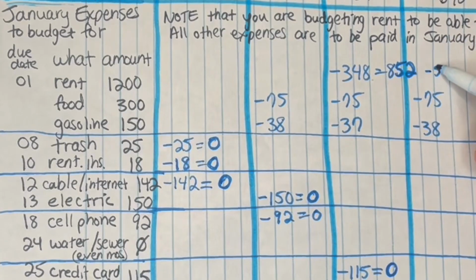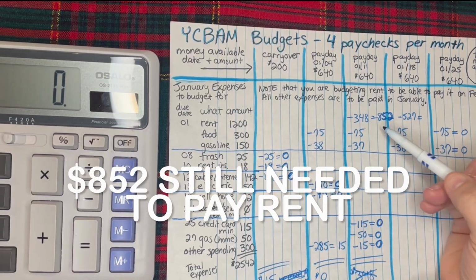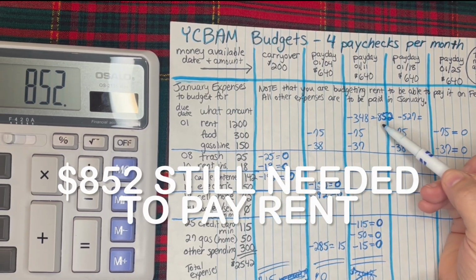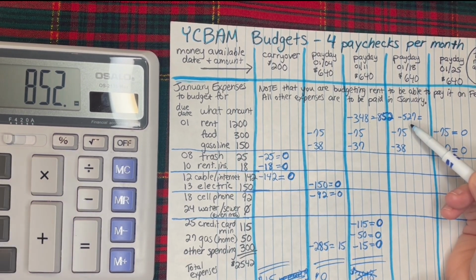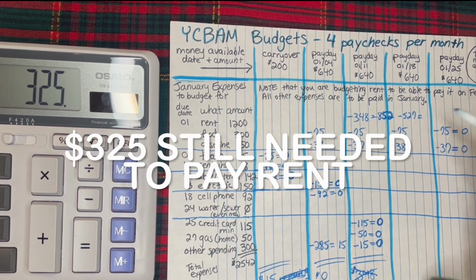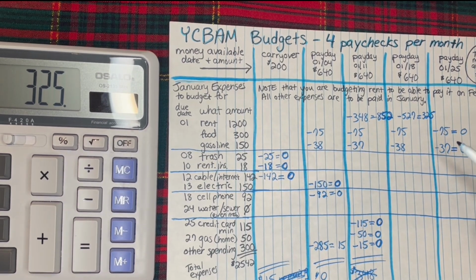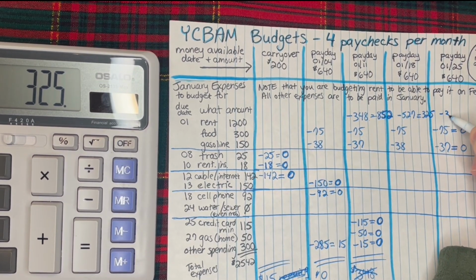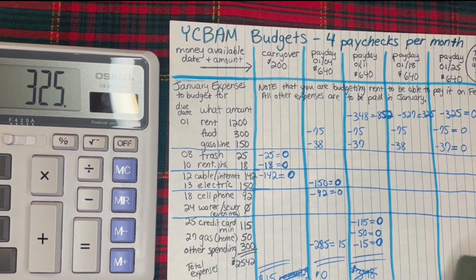So I can put $527 towards my rent. And then if I had $852 left after the 11th paycheck, and I'm paying $527 from the 18th paycheck, that leaves me with $325. And then I can just use $325 from this paycheck on the 25th.